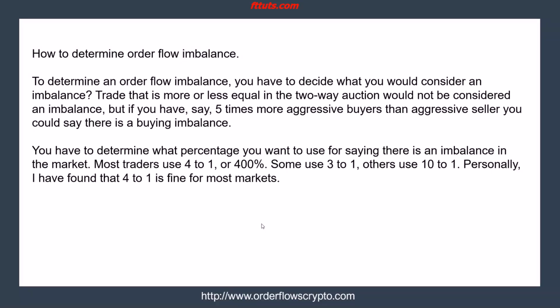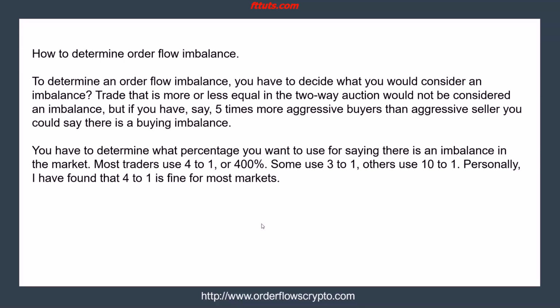Depending on your trading method, you may want to have more imbalances, even if they're not as strong as 4-1. Maybe you want to use 3. Okay. And I know some people that have whole trading strategies built around 10-1, right? They're looking specifically for imbalances in the market of 10-1, meaning 1 Bitcoin was sold versus 10 bought. Okay. So again, it's up to you to decide what you want to use, but most traders use 4-1.